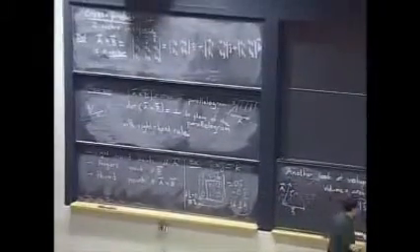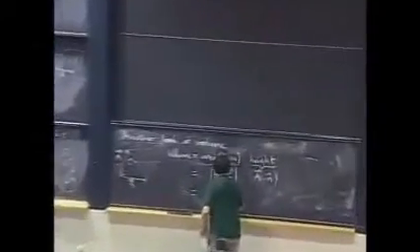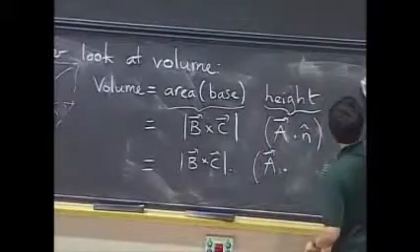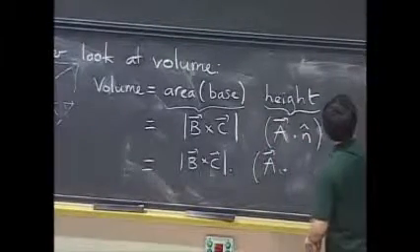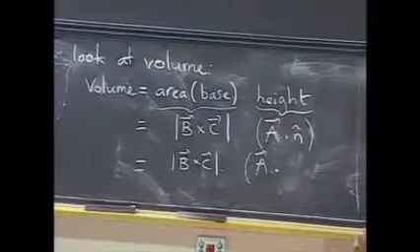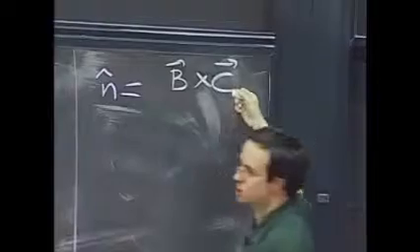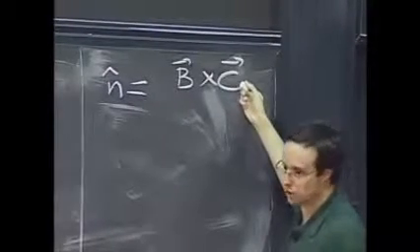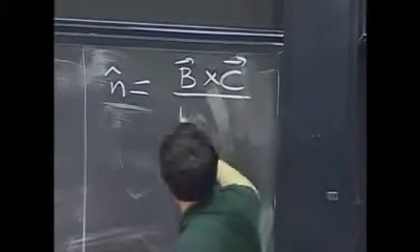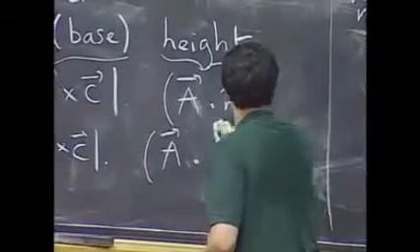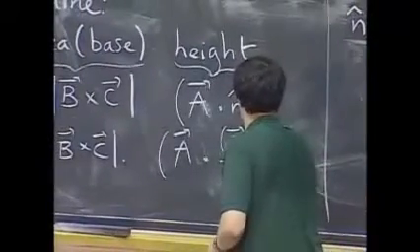So this is still the length of B cross C. And I claim, an aside here, n can be obtained by taking B cross C. Well, that points in the right direction, but it's not a unit vector. How do I get a unit vector? I divide by the length. So I take B cross C, and I divide by the length of B cross C.